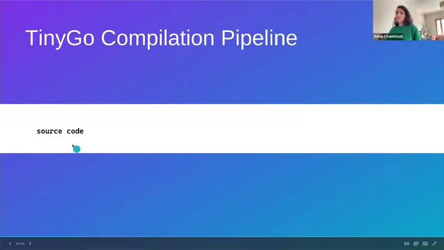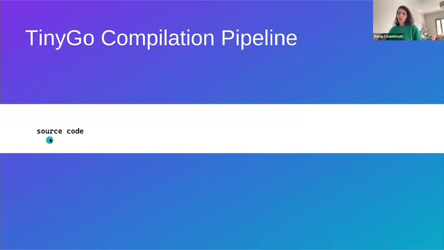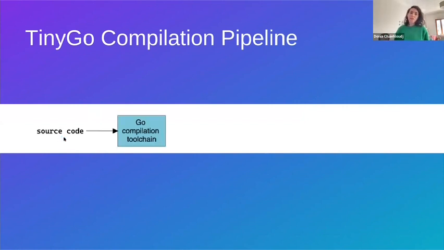So this is the TinyGo compilation pipeline schema, very simplified. We have the source code that is written in Go. Then we use the Go compilation toolchain. So Go has its own compiler because it's a cool language. And we are using these standard libraries to compile the code.